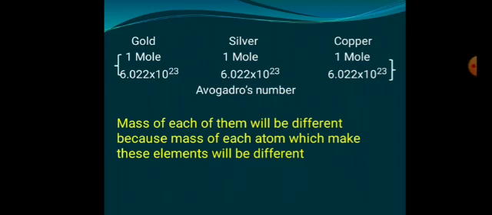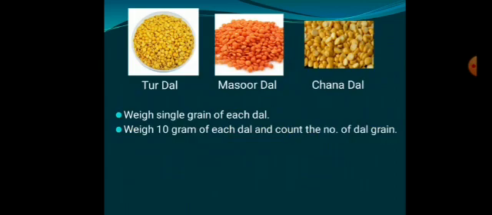So this number is called Avogadro's number. But the mass of each of them will be different because the mass of each atom which makes up these elements will be different. The mass of gold will be different from silver and the mass of silver will be different from copper. Elements are different, so the mass of each element will be different.